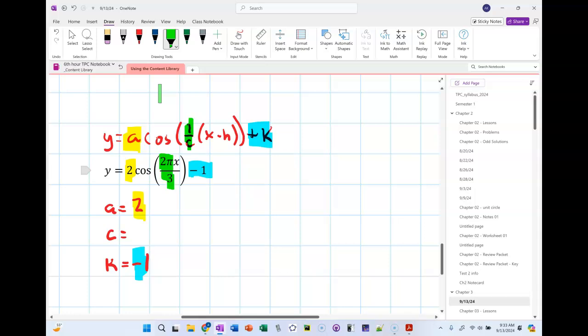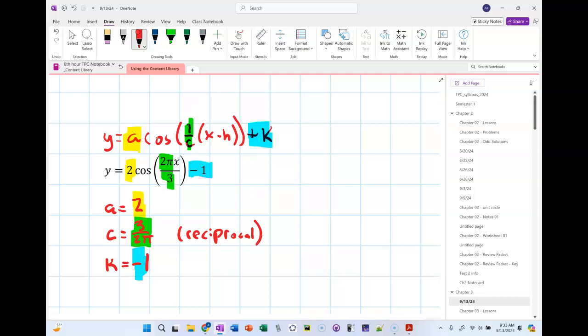The coefficient for X. But what's just C? It's the reciprocal, yeah. So 3 over 2 pi. Again, the C, we always do the reciprocal for that coefficient on X. Everybody feel good on figuring those?